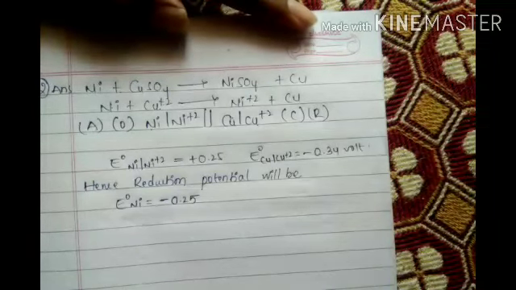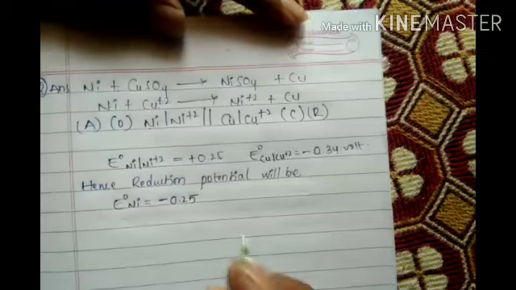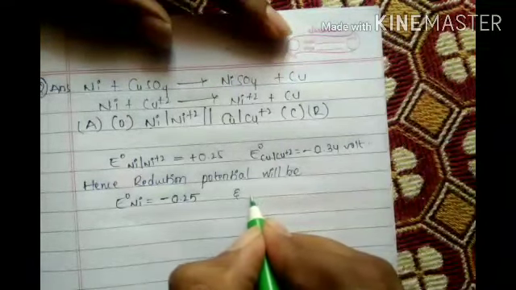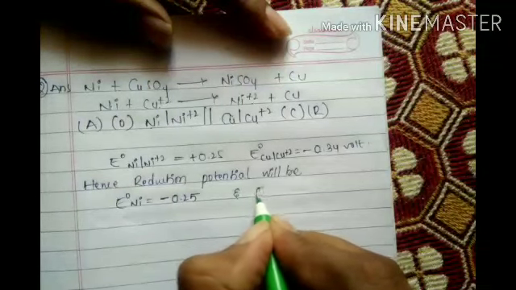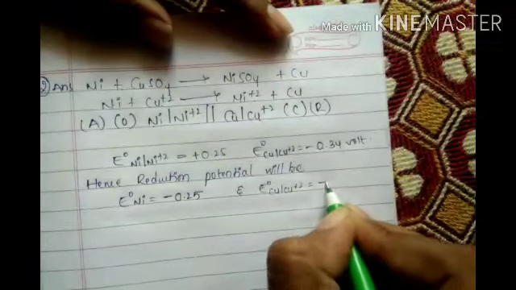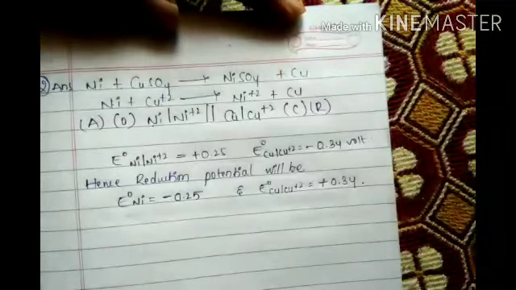Minus 0.25 means reduction potential equals minus oxidation potential, right? See, and oxidation potential equals minus reduction potential. Now it is E0 Cu2+ is plus 0.34. Plus 0.34.